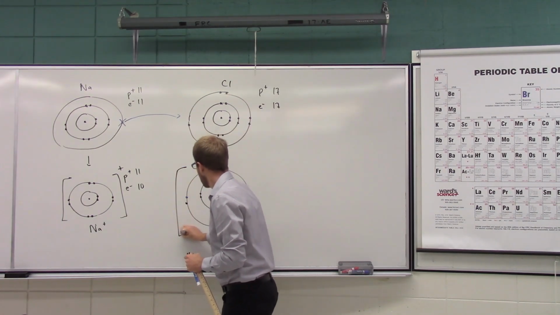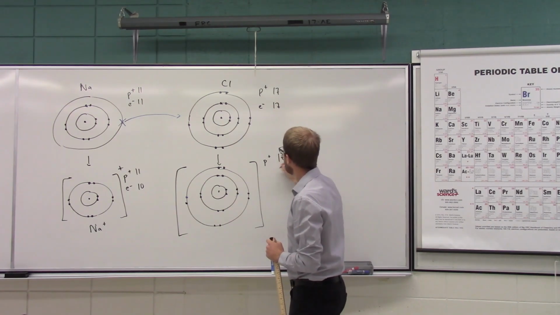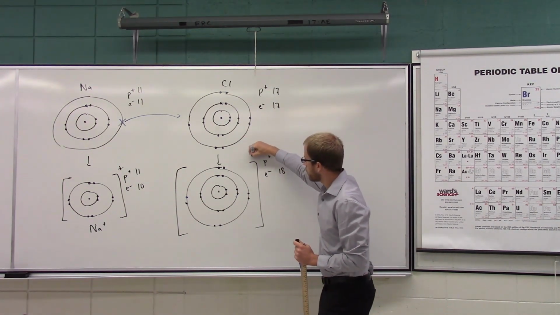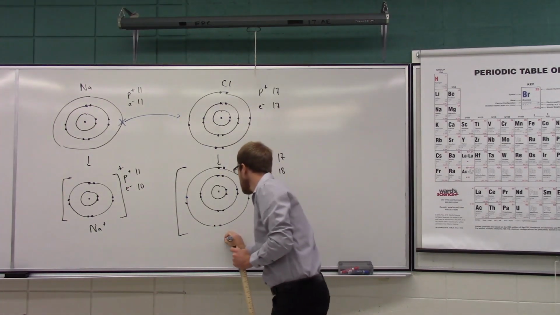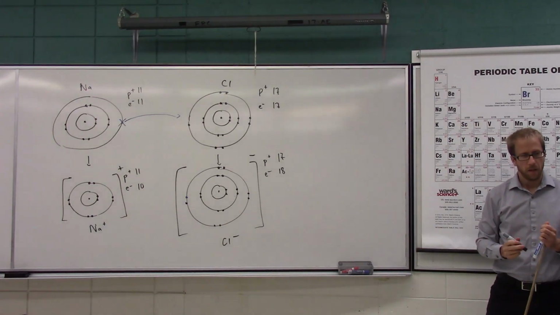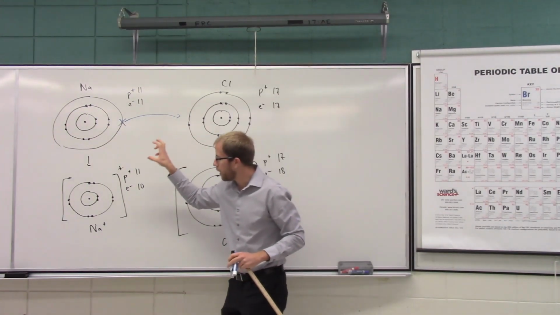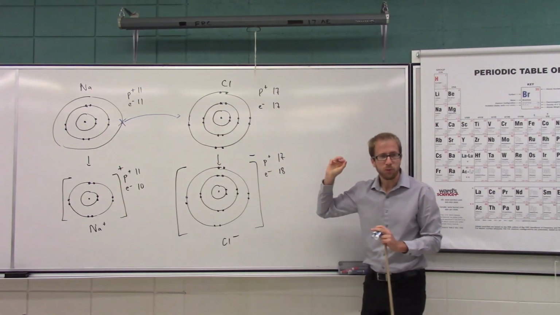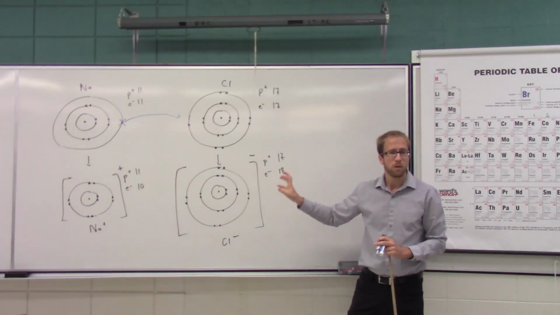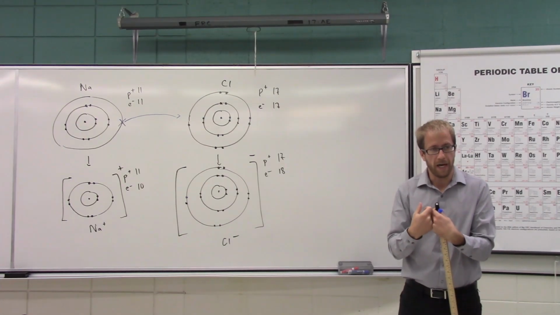Does that make sense? So we have 17 protons and we have 18 electrons, which makes our charge a -1. So that positively charged ion of sodium is electrostatically attracted to the negatively charged chloride ion, and they form an ionic bond together.